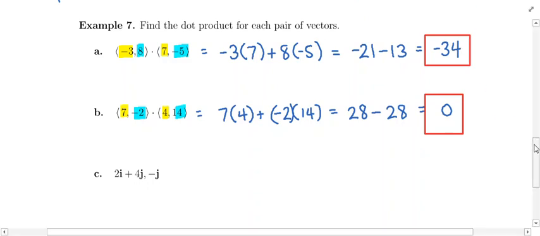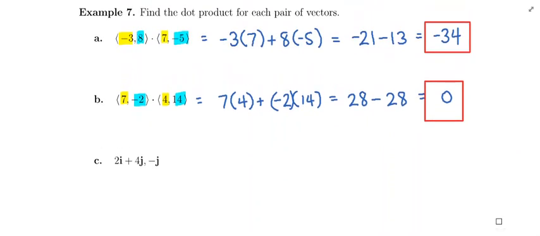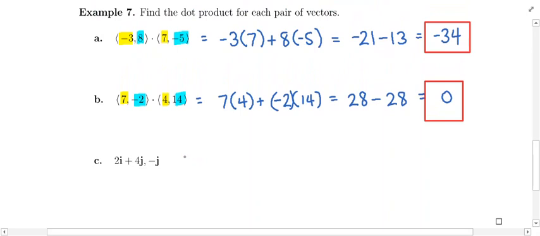Let's try the last pair. These vectors are given in ij form, but that does not matter. Our first vector is 2i plus 4j, which is 2, 4 in component form. The other vector is negative j, so that is 0, negative 1 in component form.